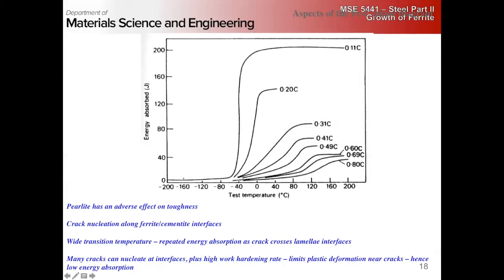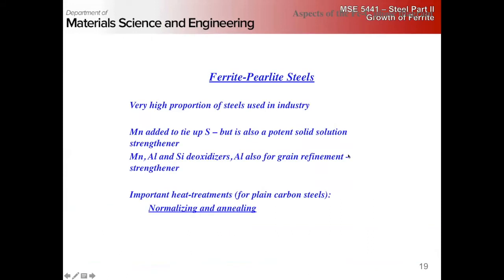So here's the ductile to brittle transition, but depending on the amount of pearlite you have, you're going to lower the energy absorption, the amount of energy that's absorbed for fracture. Right? And then I was going to go into ferrite pearlite steels because this is really a high proportion of steels used in industry, but we'll get started with this Friday.